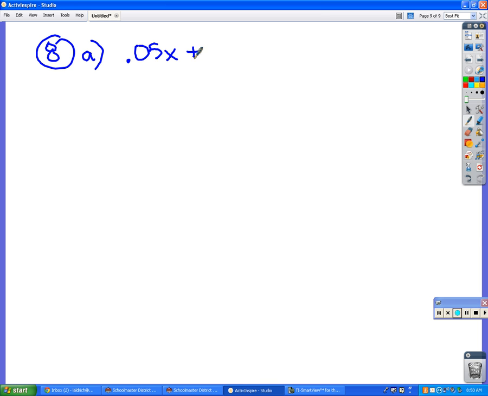4 plus 0.05x. All right, and then on the back side, your favorite kind of problems. The word problems. Write a mathematical expression for each situation: 4 more than 5% of a number. So you have to come up with 5% of a number first, which is 0.05x, and for more than that, plus 4.